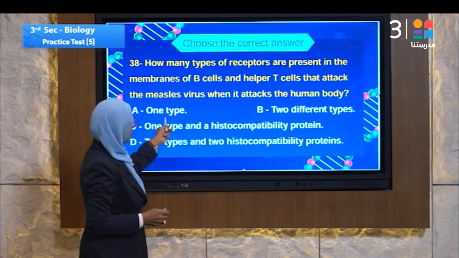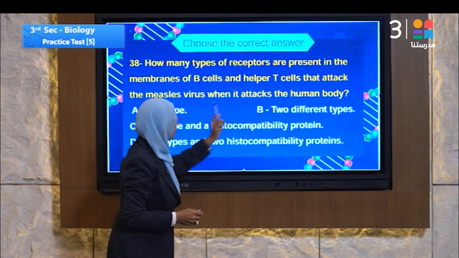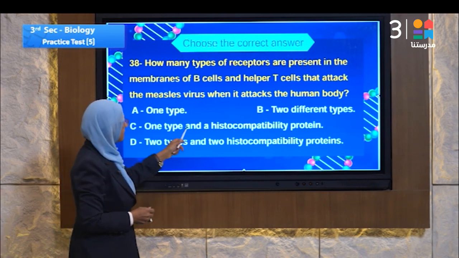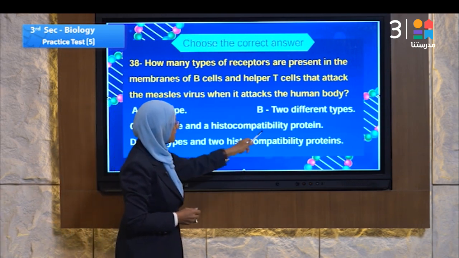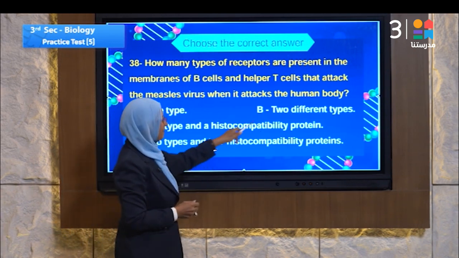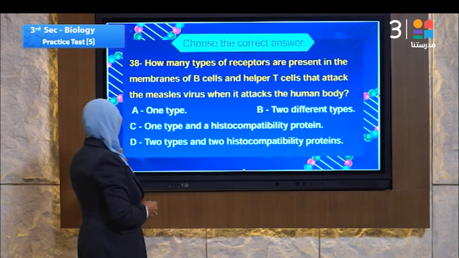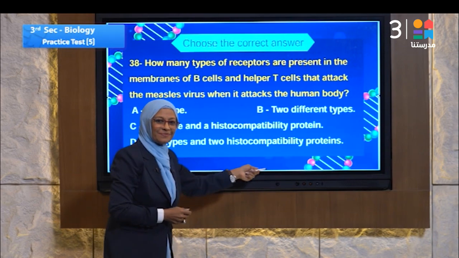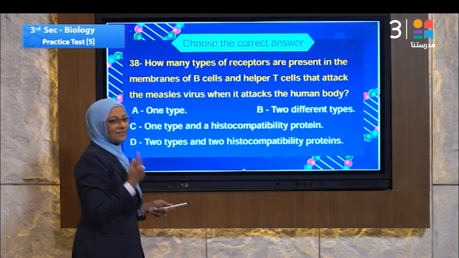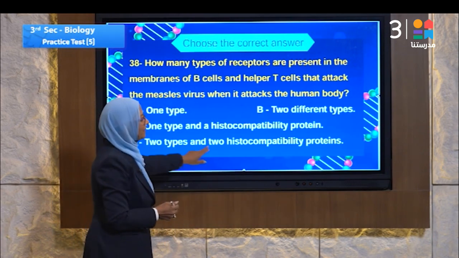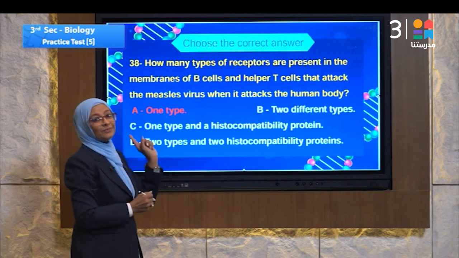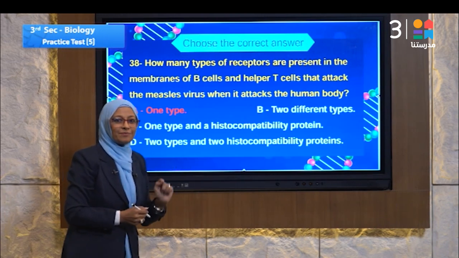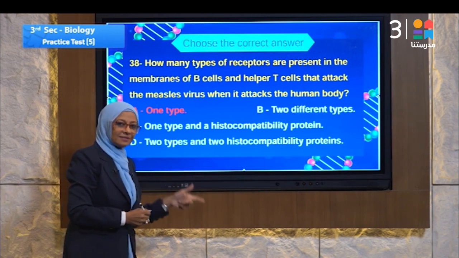A, one type. B, two different types. C, one type and histocompatibility protein. D, two types and two histocompatibility proteins. It's the same virus, so it will be one type.